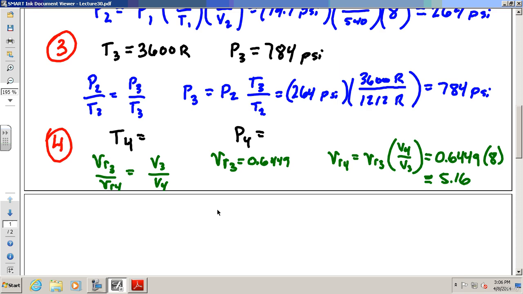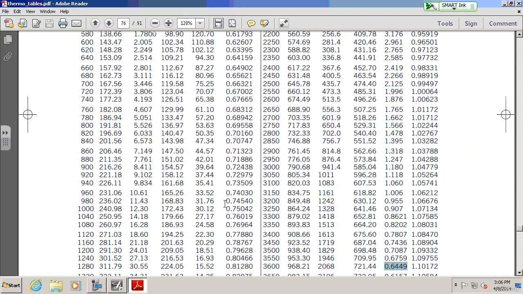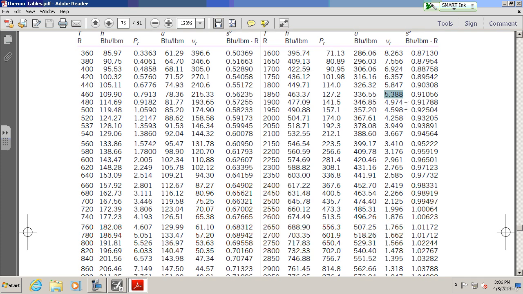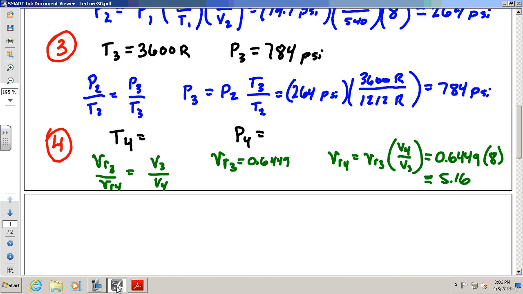Then you go back to your tables, and of course it's never going to be exactly 5.16 on the table. It's going to be right between two values, somewhere between 1850 and 1900 Rankine. If you interpolate, you will get about 1878 Rankine.